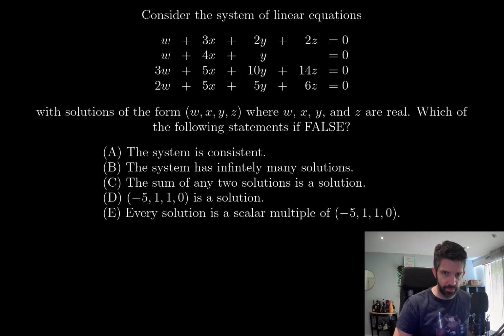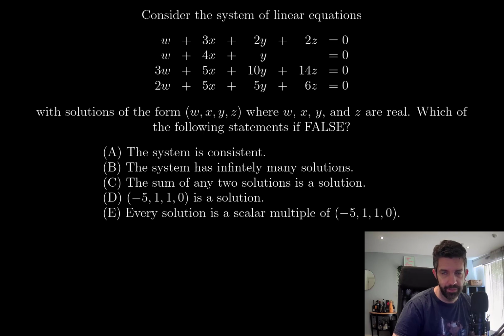Why don't we start with that one and work through whether that is a solution. In fact, I'm not going to do this by writing it down. I'm just going to look at the equations and mentally make the substitution of -5, 1, 1, and 0. So it clearly works for the first and the second and the third and the fourth equation.